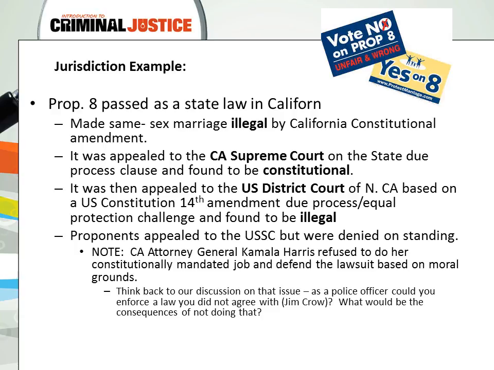Now, we kind of decided as a law enforcement officer, you're probably going to get in some kind of trouble. Kamala Harris is answerable to the electorate, and so they could decide to either recall her or not re-elect her. She happens to be a very popular Attorney General, so chances of that happening right now are slim to none. So she was able to do that, you know.